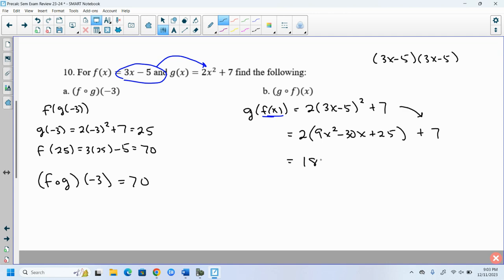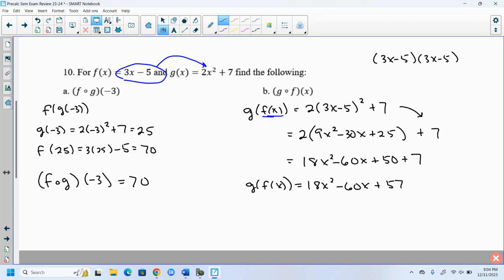Distribute your 2. That should not be 57, that should just be 7. It will become 57 in a minute. So when we're done, we get g of f of x equals 18x squared minus 60x plus 57.